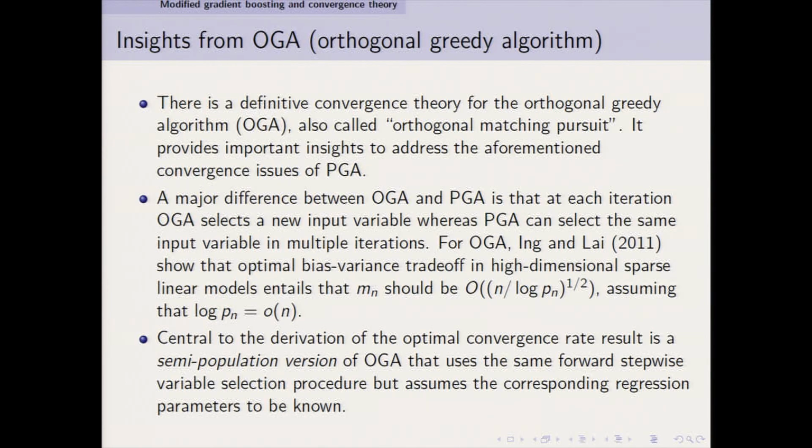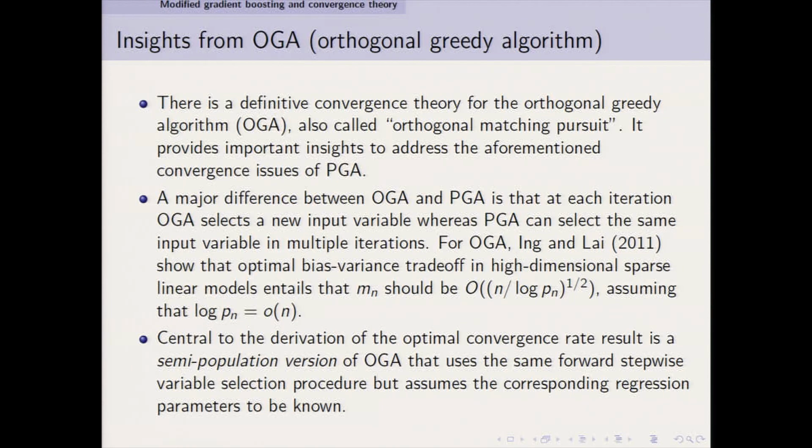But orthogonal matching pursuit is because I don't have to orthogonalize all the covariates. So essentially, this is a variant, or a speed-up version, of forward stepwise.